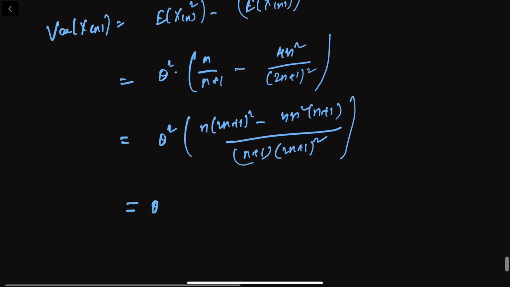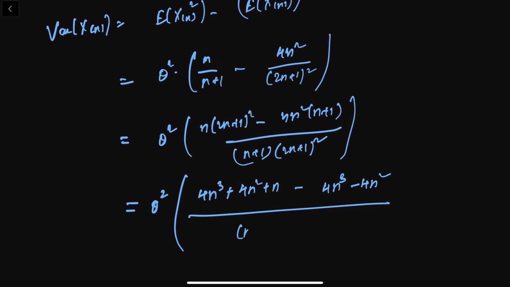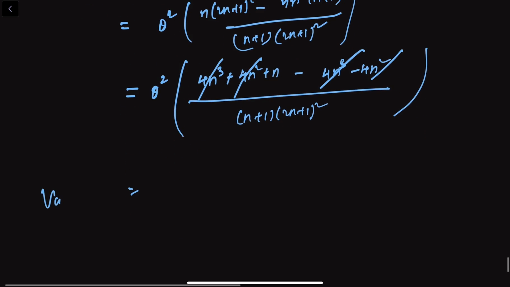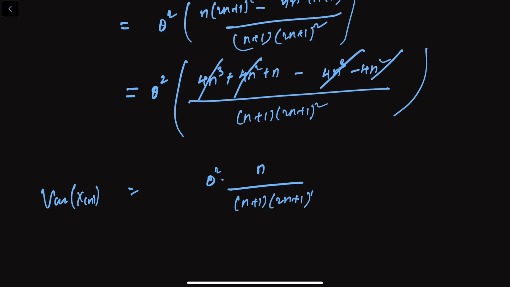That is theta square into n into 4n square plus 4n plus 1 minus 4n cube minus 4n square. If I multiply, this is 4n cube plus 4n square plus n minus this thing, over n plus 1 into 2n plus 1 whole square. So this will get cancelled. So the variance of the nth order statistic is theta square into n by n plus 1 into 2n plus 1 whole square.